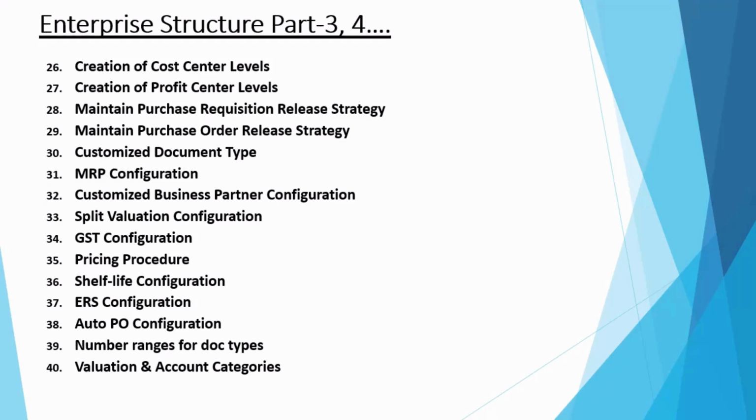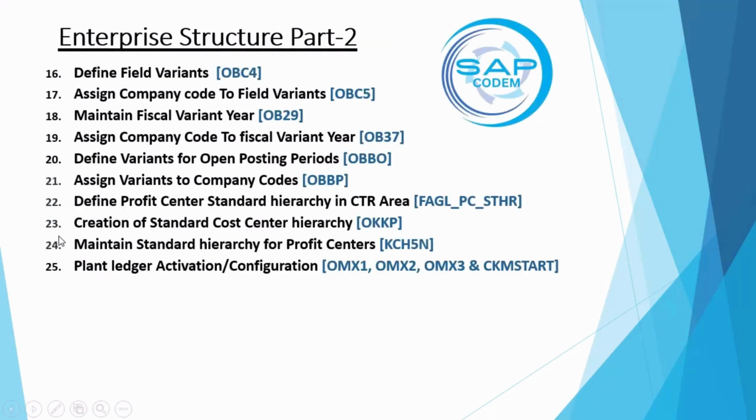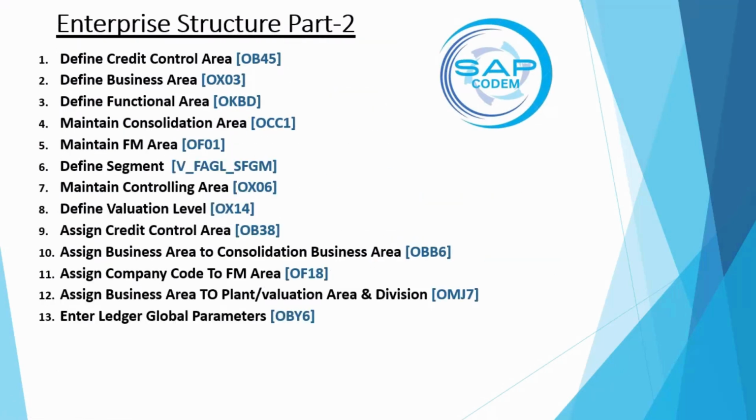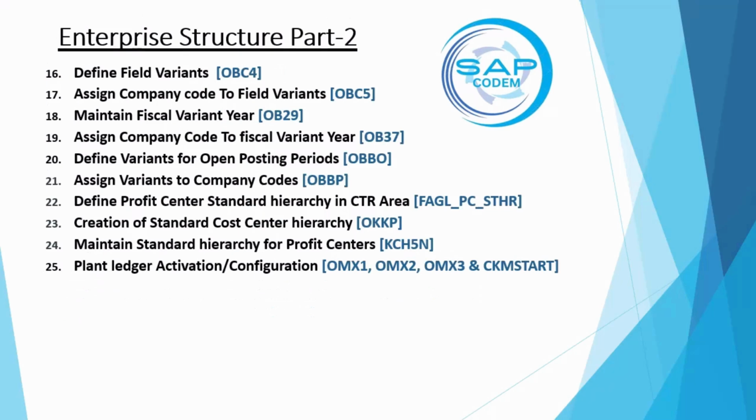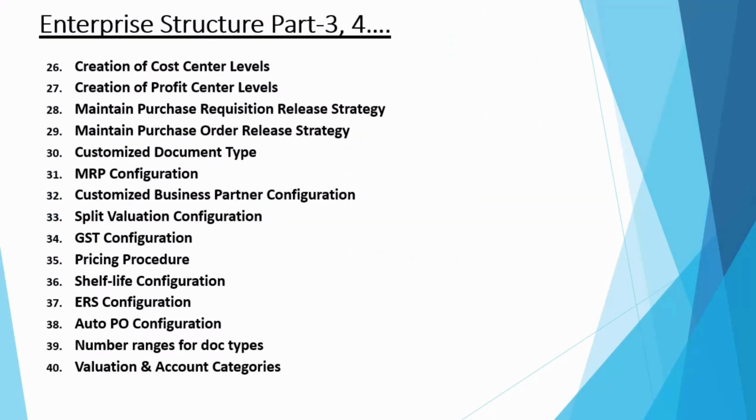We'll do all this configuration in part 3. Part 2 will be 1 to 25, and part 3 will be 26 to 40. All this configuration is very important to run your enterprise structure with the least errors.